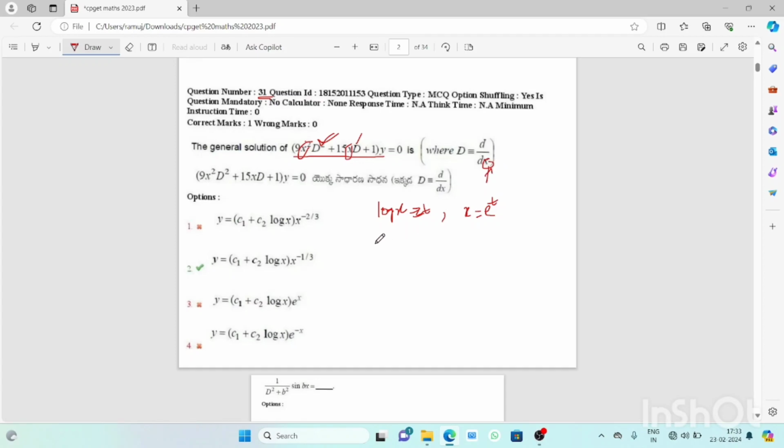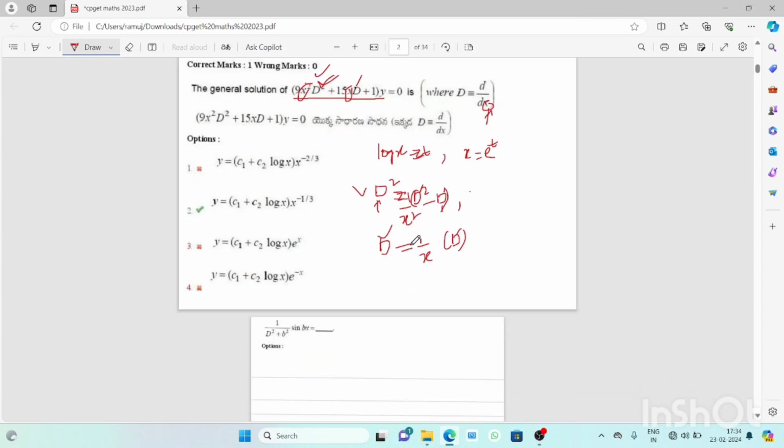By using the Cauchy-Euler method, D square changes into D' square minus D', into 1 by x square, and D goes to 1 by x into D'. Here we consider D' because the independent variable was x, and we are changing it in terms of t.